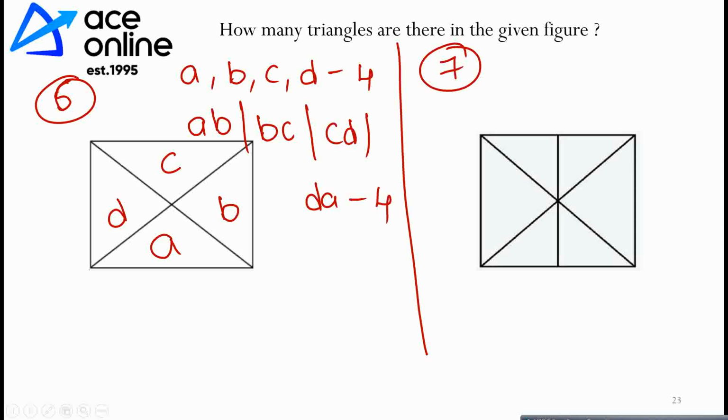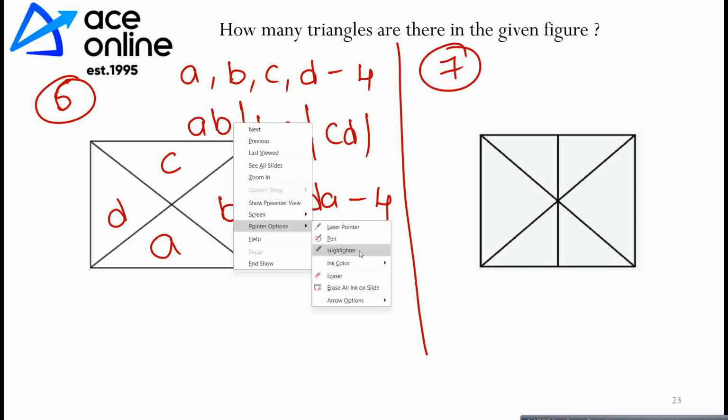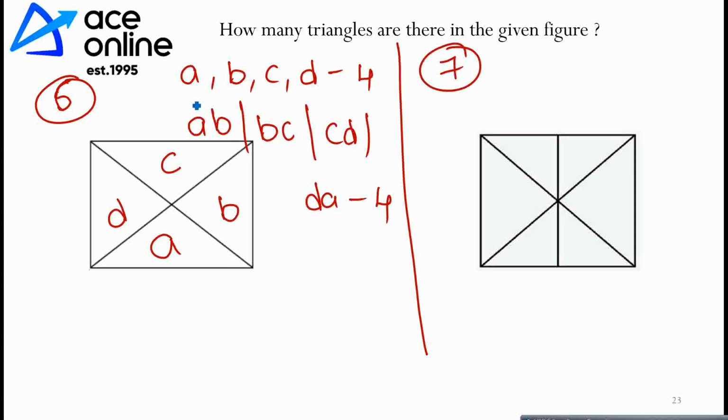Then if you try any 3, the overall shape is not a triangle. Your overall target should be that the shape is a triangle. So how can you say BC or CD or DA, you draw the line, you can see that. If it is DA, you see this is a triangle only. I take D area and A area, if you combine, that looks like a triangle only, no problem. But some people say BCD, if I join BCD, the overall shape is not a triangle. So don't do that. We don't get more, so total 8 only.